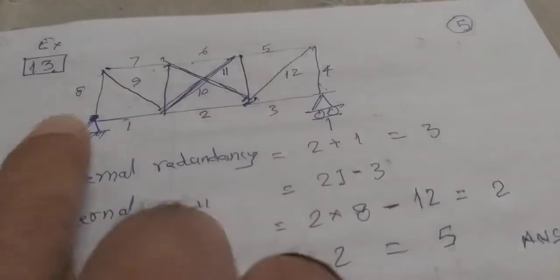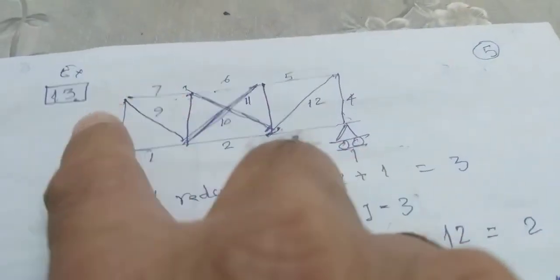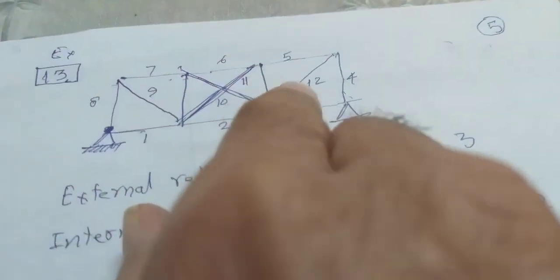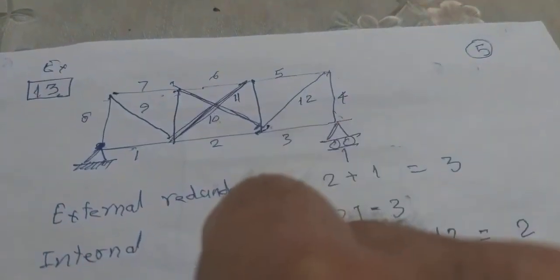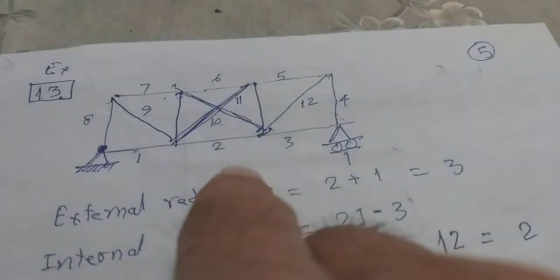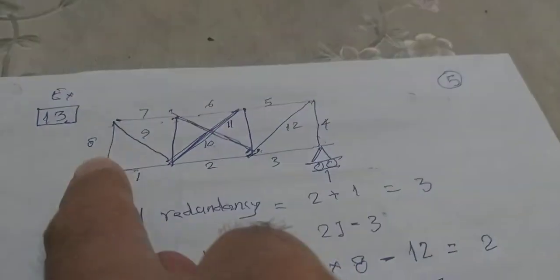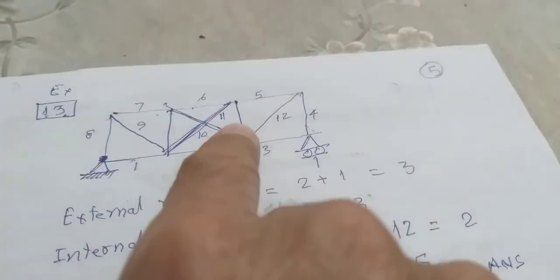Let us count the number. 1, 2, 3, 4, 5, 6, 7, 8, 9, 10, 11, 12, 13 and 14. I have committed some mistake over there. 8, 9, then it will be 10, 11, 12, 13 and 14.